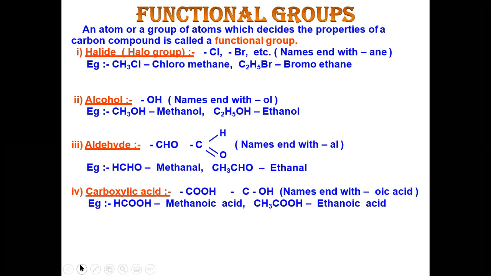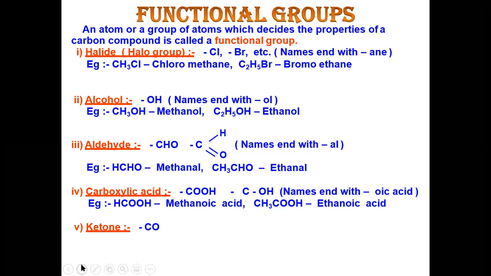Next is the carboxylic group, that is COOH, and names end with OIC acid. Example, HCOOH like methanoic acid, and CH3COOH ethanoic acid.